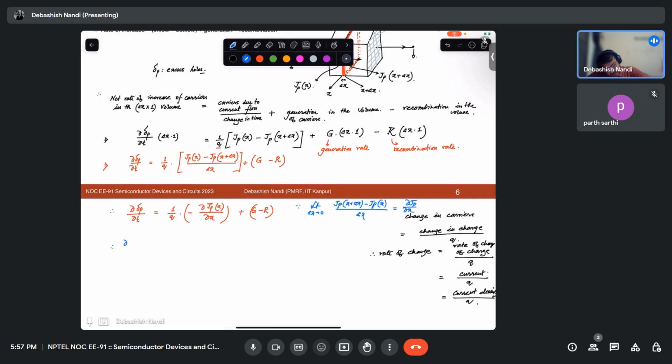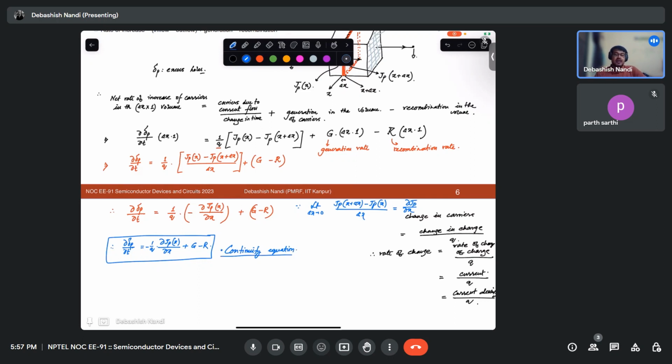So you have dp over dt equals minus 1 over q djp of x over dx plus generation minus recombination. This is called your continuity equation. What is the significance of continuity equation?